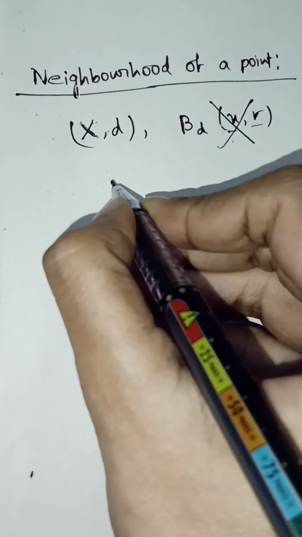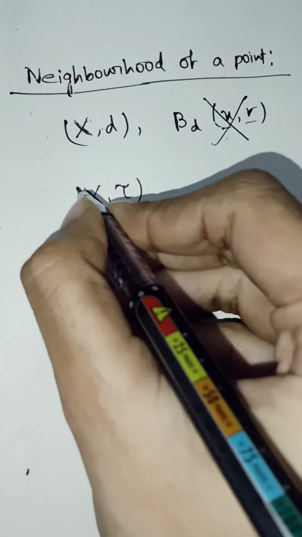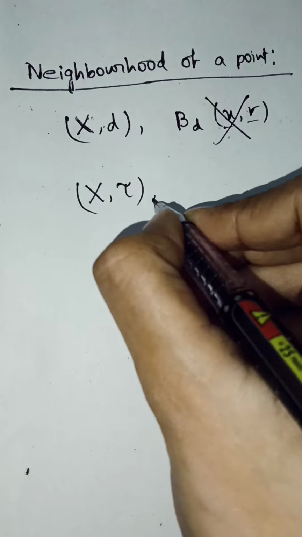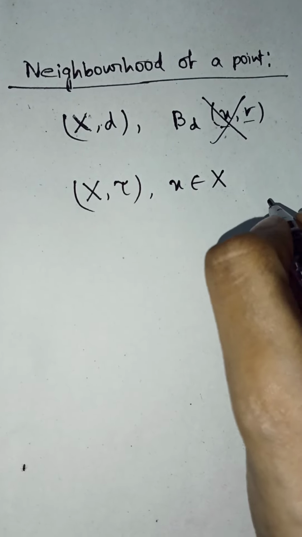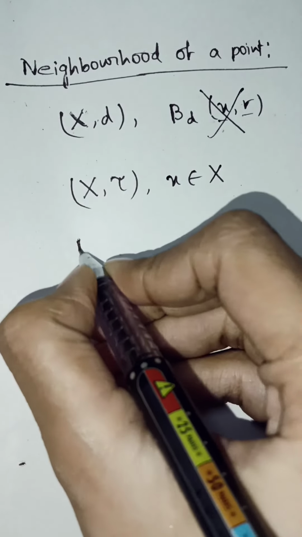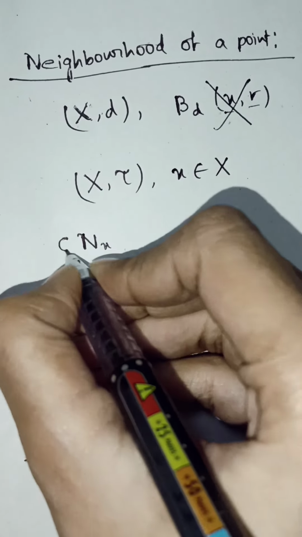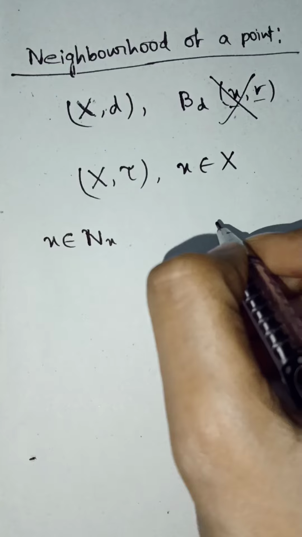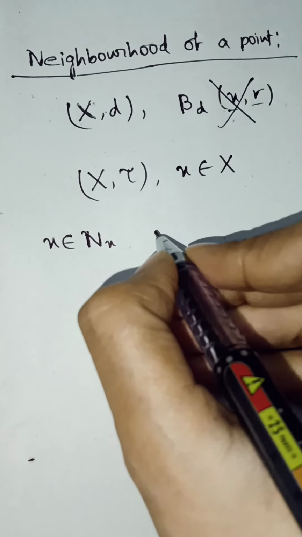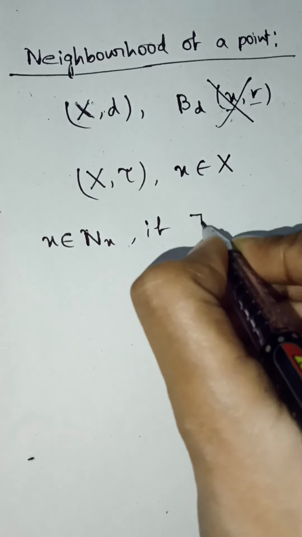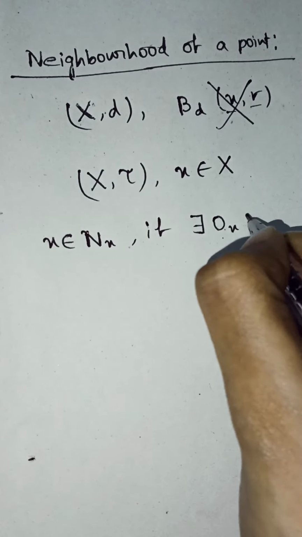In the case of a topological space (X, tau), let x be any point of X. Then a set Nx containing the point x is said to be a neighborhood of x if there exists an open set Ox.